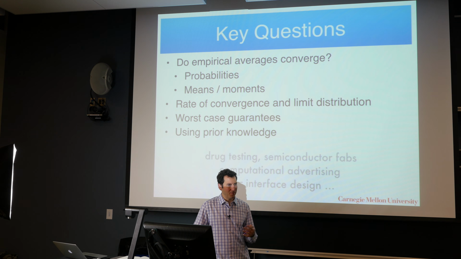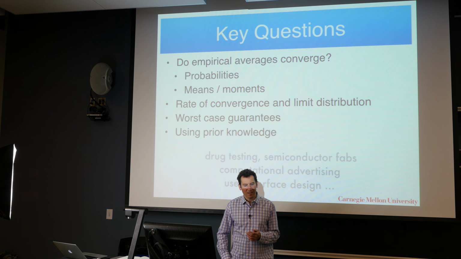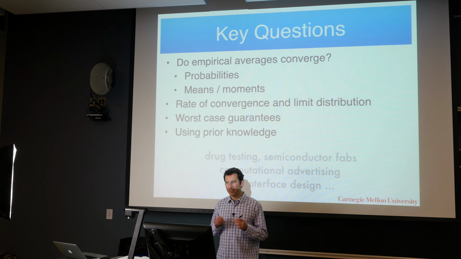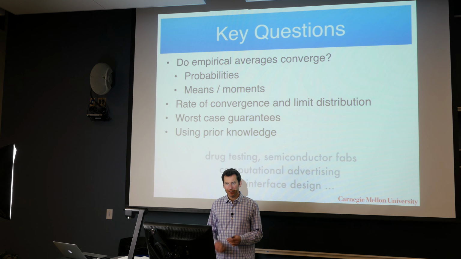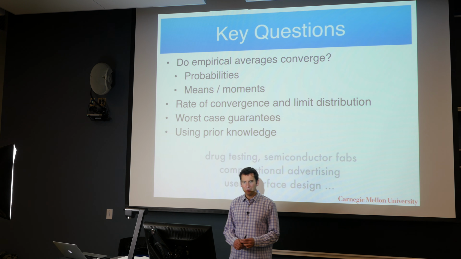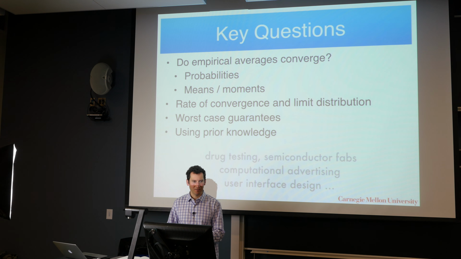So, for instance, if I am in the business of displaying ads, then, well, let's say you come to me and say, hey, here's a new ad, and I'm willing to bid maybe $10 for you to show it. Then if this ad is a really dud ad, then it's probably not worth it for me to show it. And I want to be able to weed out this ad very, very quickly, right?